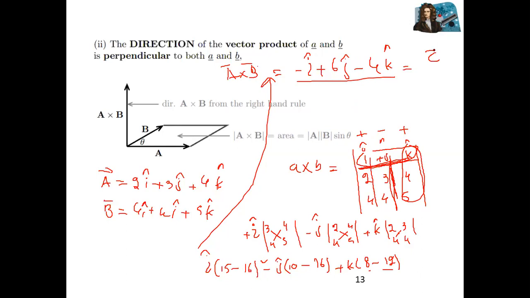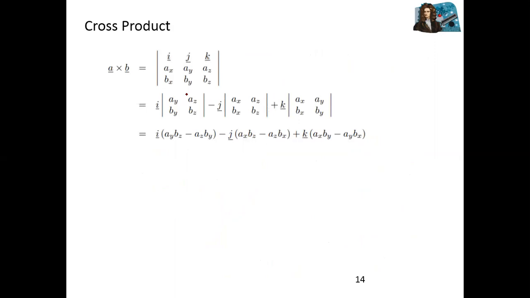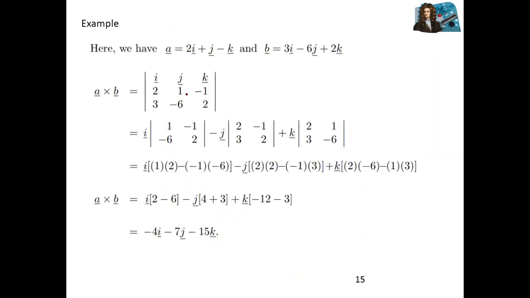Multiplication is easy with the matrix method. Yes, Professor, it's very easy. Great. This is the method of cross product. A vector is given, B vector is also given.